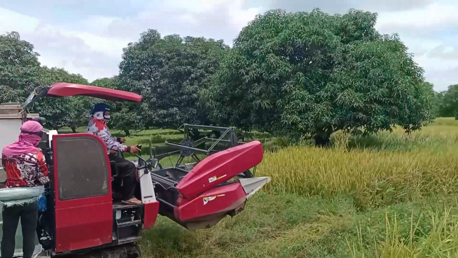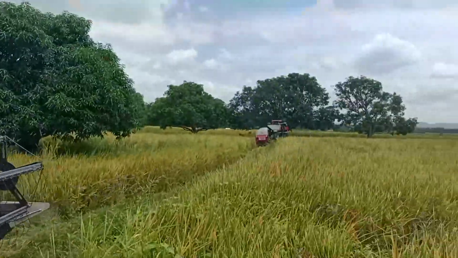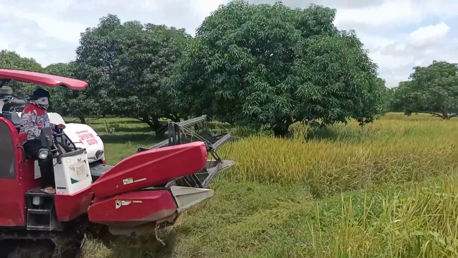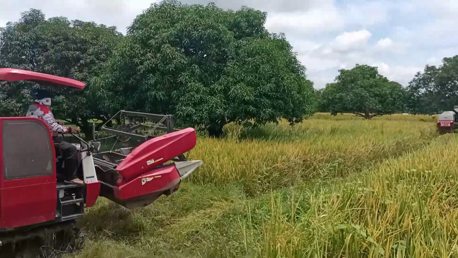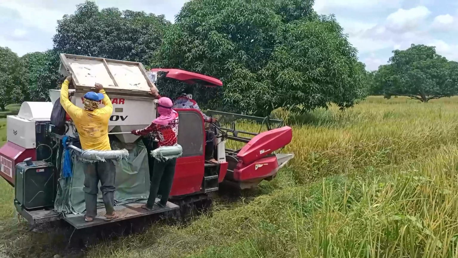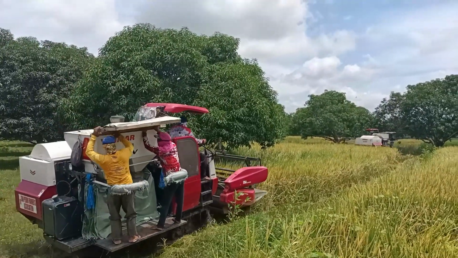So Barangay San Pedro now has 2 harvesters, which is good. So in theory, they should be able to finish this in 45 minutes.